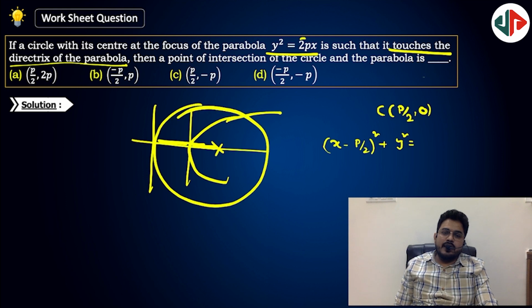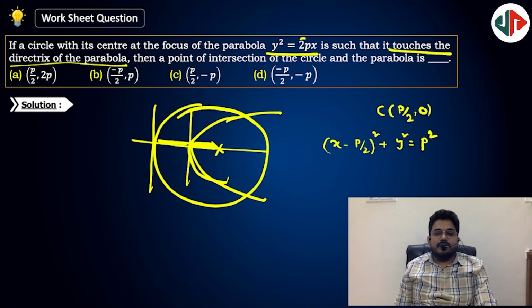So where it is intersecting. So this is a units. So it will be equal to half of this one, that is p square. Right? And y square is equal. So simply x minus p by 2 whole square plus 2px is equal to p square. Okay, because if this length is a, this is 2a.